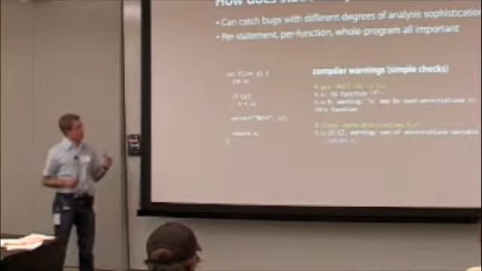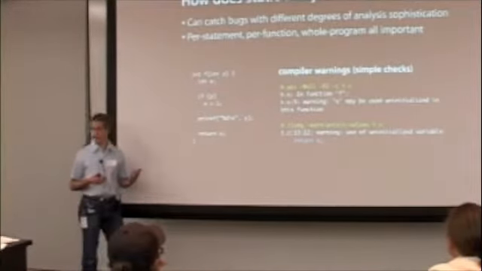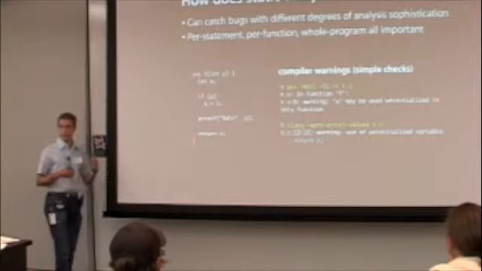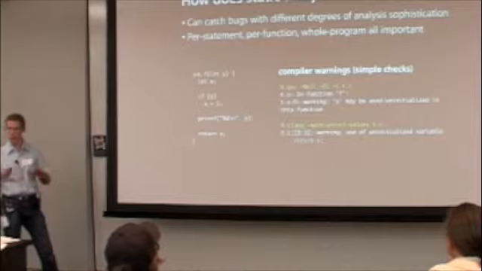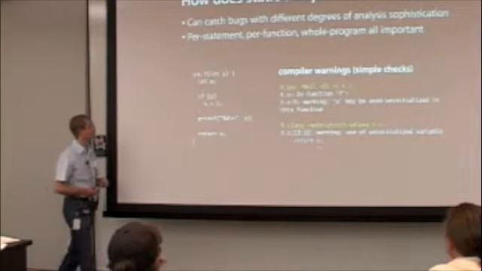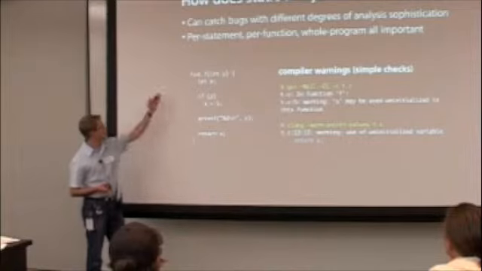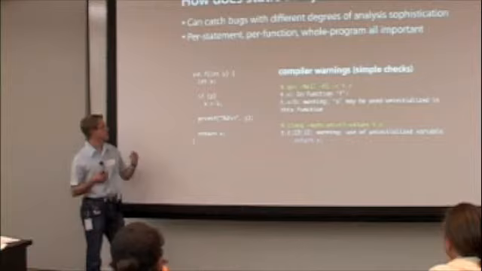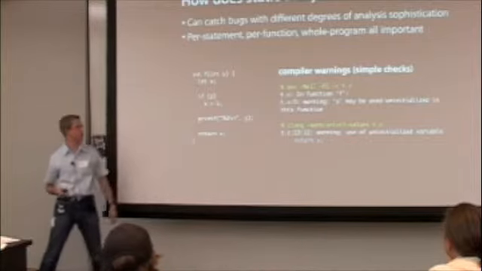Now I'm going to show you a trivial example of a check that we can do at compile time. It's a valid warning, and then show how it easily breaks, and give you an idea of when we have to actually crank up the analysis power. So this is a simple example where we have x declared at the top, and if y is 0, we actually don't assign it a value, and then we return it down below.